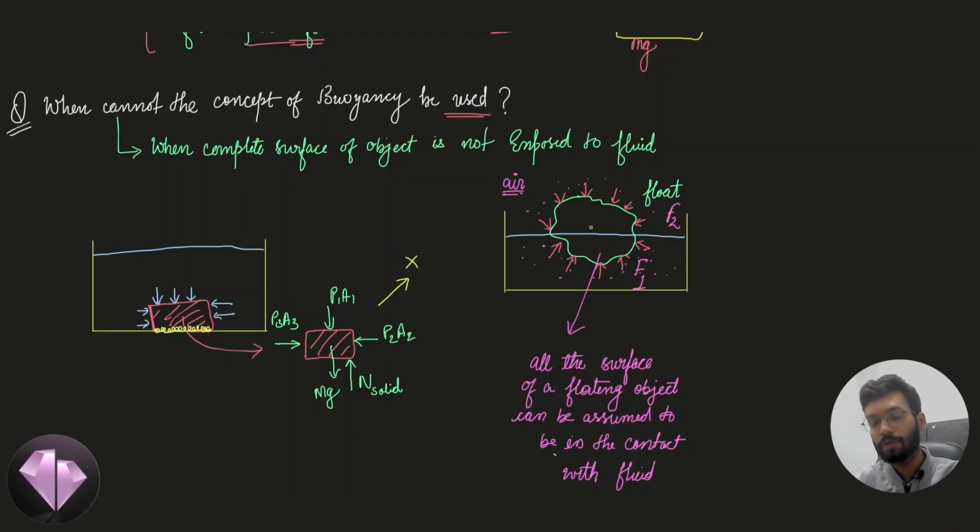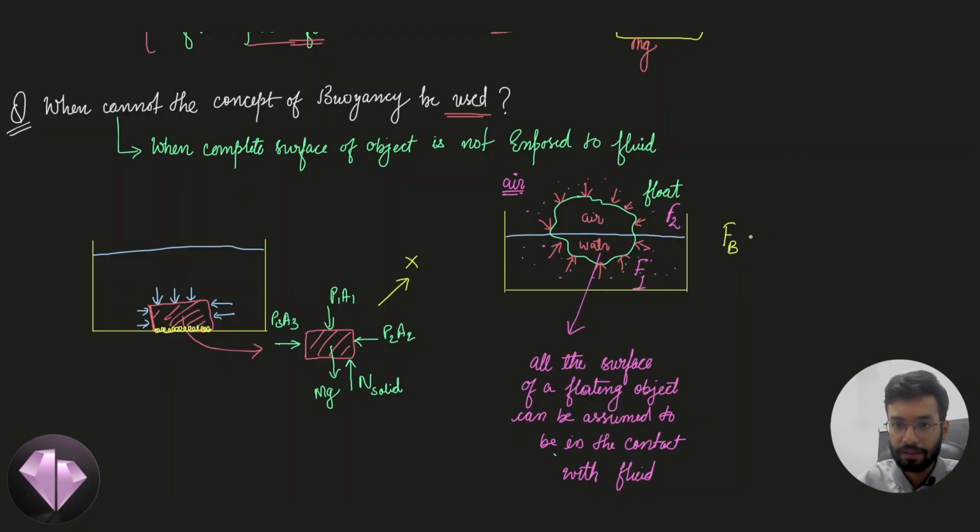So if I remove this object and do the same exact calculation which I did using air and water together, what will I get? I'll get that buoyant force, which is Fb, which is nothing but the net sum of all these red vectors, right?